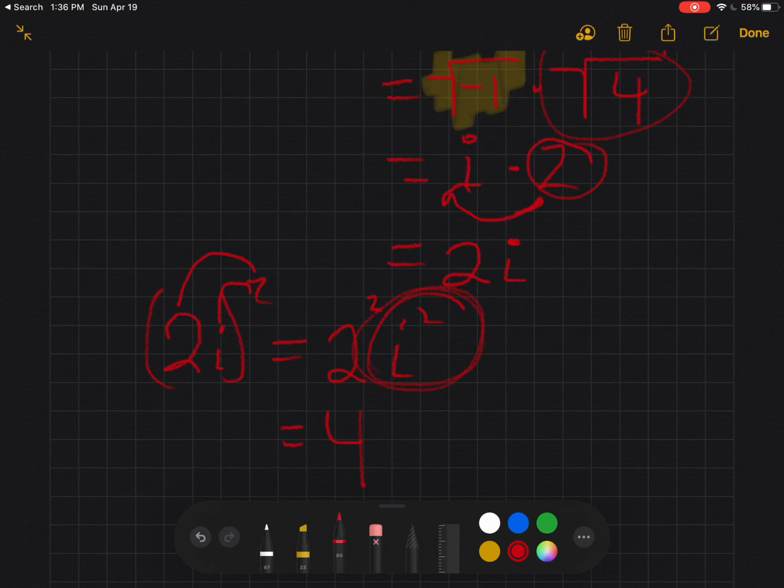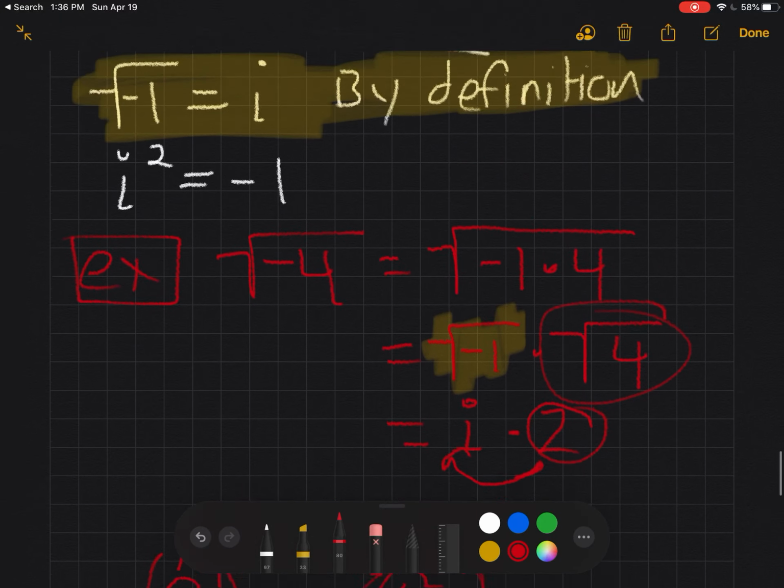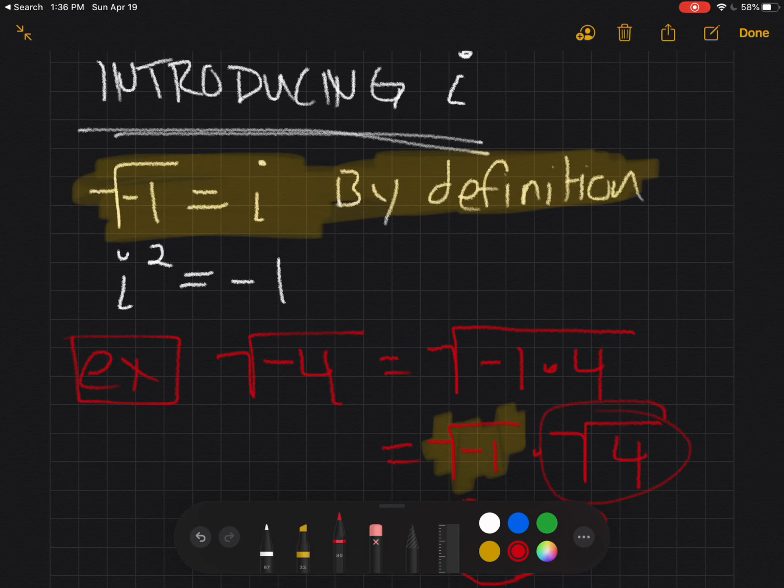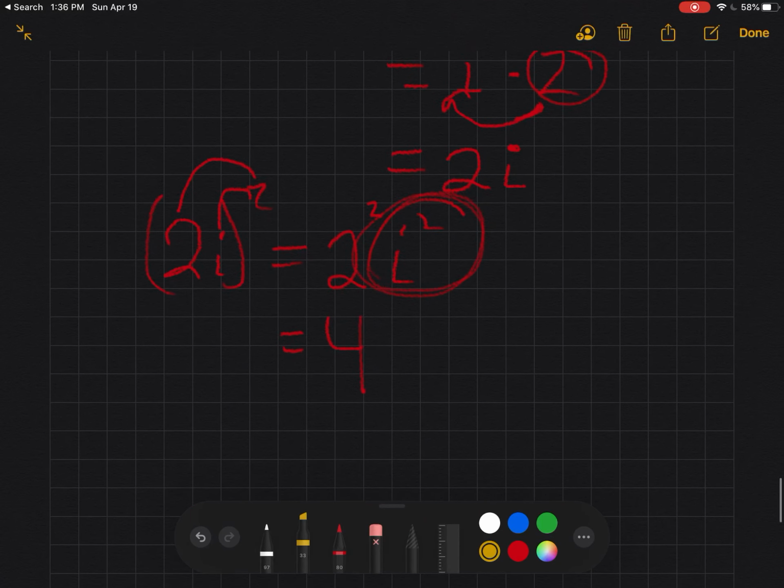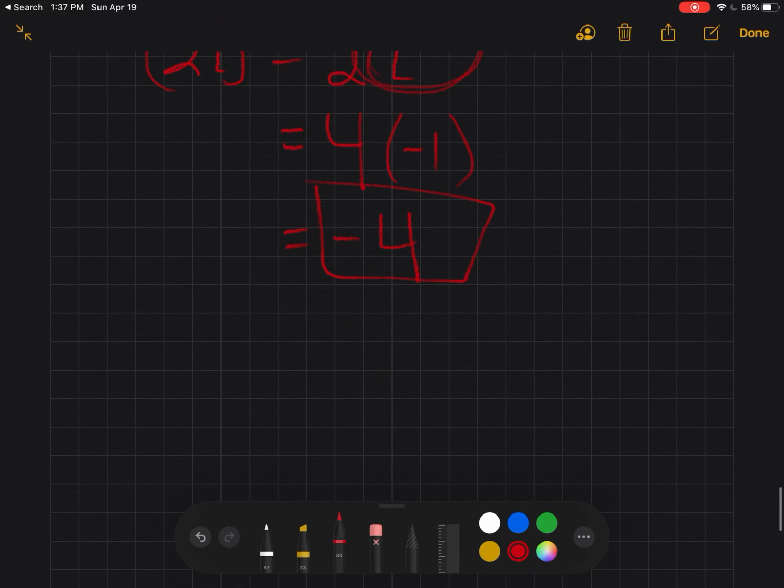And we know this is true because if I take 2i and I square it like this, I use my rule of exponents here. This exponent of 2 is applying to the 2, and it's applying to the i. 2 squared gives me 4. But what about i squared? Don't worry, we defined it.